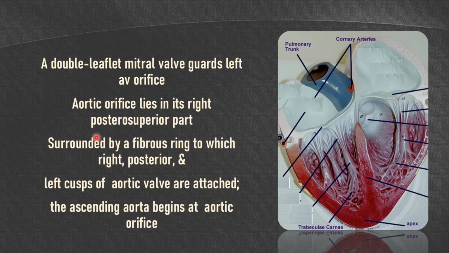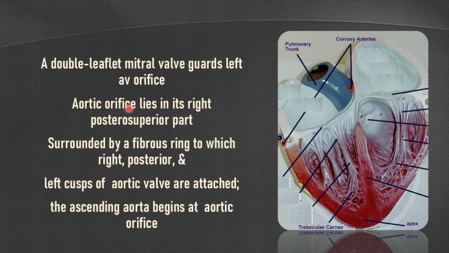So the aortic orifice lies in its right posterior superior. Now this is the left side, this is the right side within the right ventricle. So on the left side and more anterior is the mitral valve, right? And on the left side and more posterior as compared to this is posterior. So this aortic valve is posterior and on the right side.